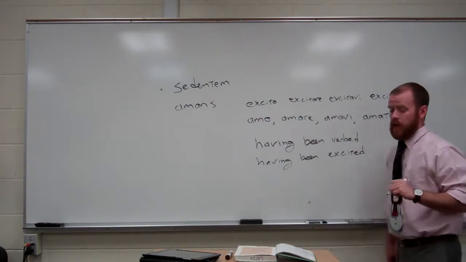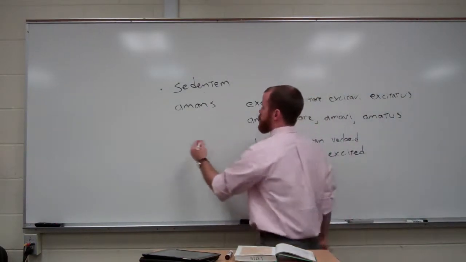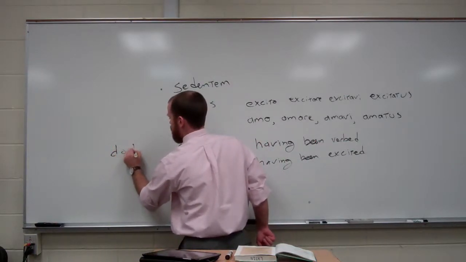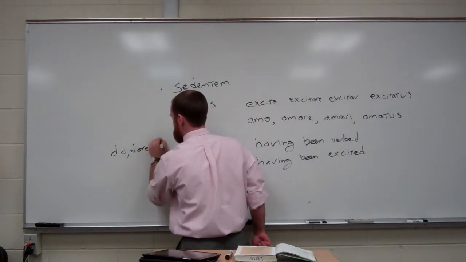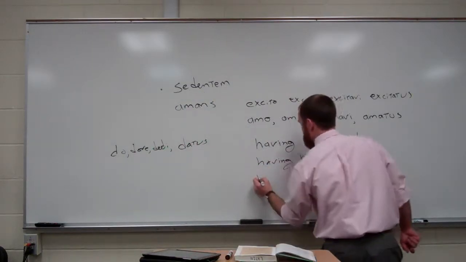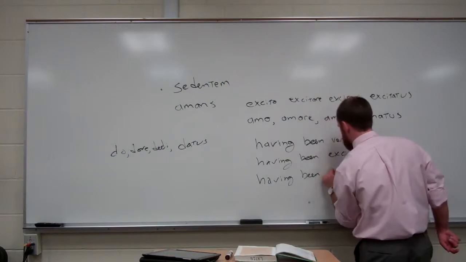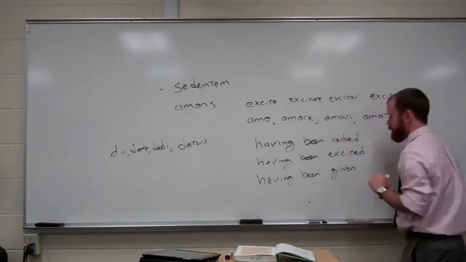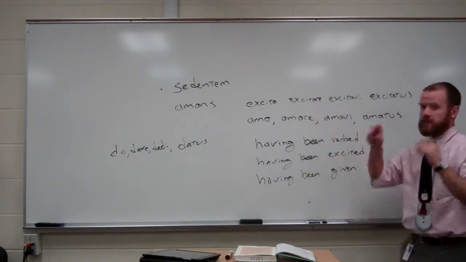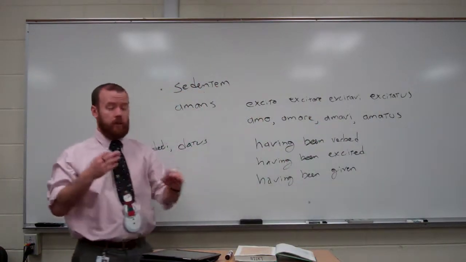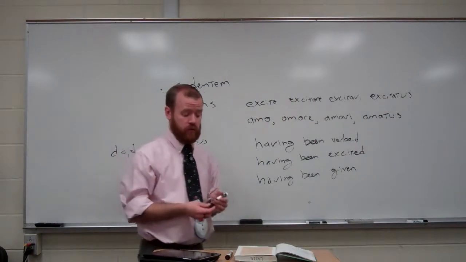Alright. If we have datus, which is the 4th principal part of do, dare, dedi, datus, having been given. Alright? So that having been is going to be the key indicator for when you're translating a perfect passive participle. Alright?